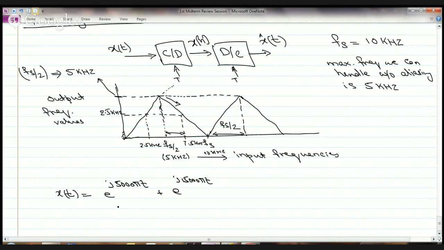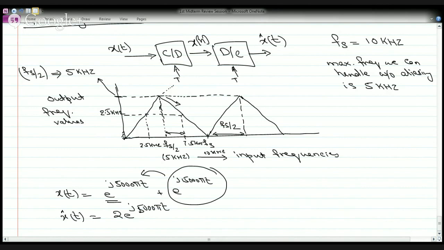After the aliasing, x hat of t will be the contribution due to this, plus this thing is going to get aliased into this also. So I'll have two contributions. So I'll get 2 e to the j 5,000 pi t. Okay? So it really depends what existed before at that frequency and what the new frequency is going to do there. So I hope that addresses the question.